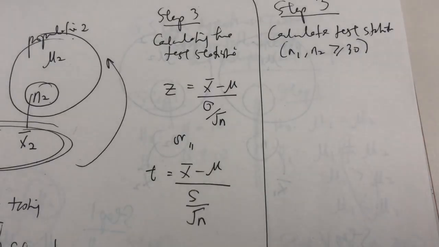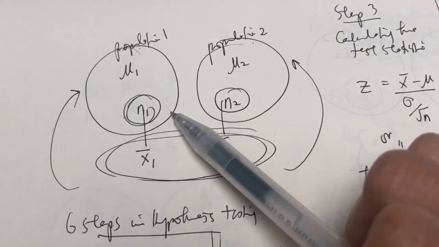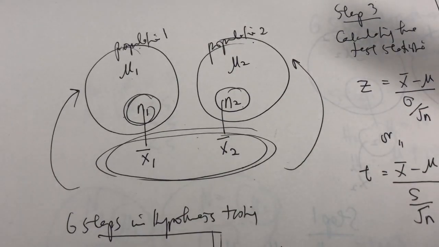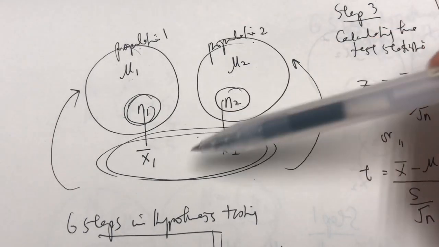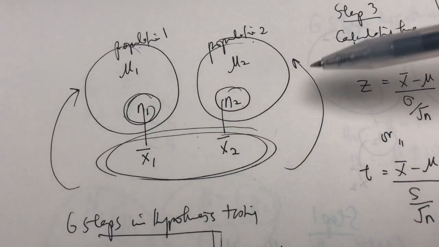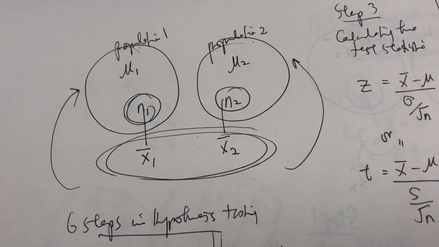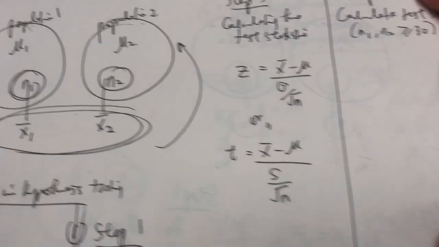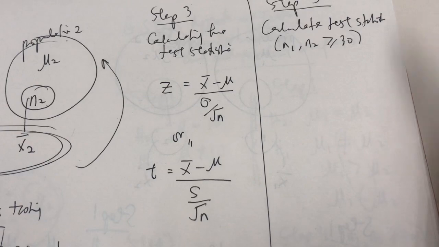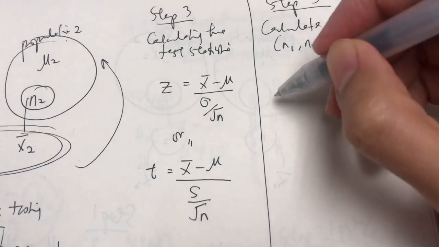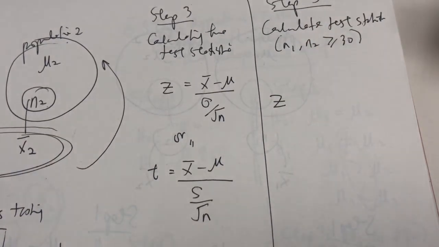Remember, the assumptions are that both of these populations follow the normal distribution, the 2 samples are independent of each other, and the standard deviations for both populations are known. With those assumptions, we use Z as the test statistic.